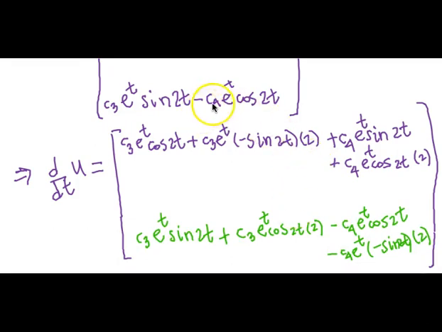So differentiating the second entry, here's where again you have to be very cautious with the negative signs. The derivative of cosine is negative sine, and there already is a negative in front of that expression.